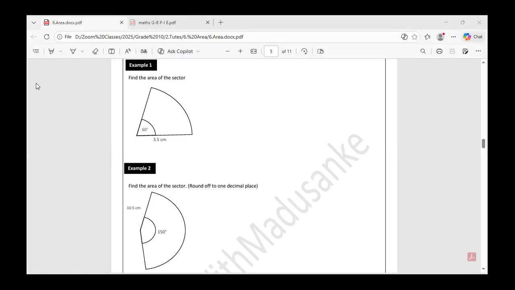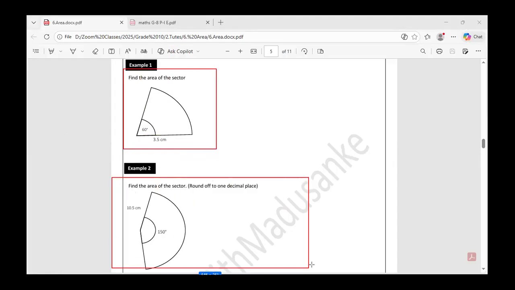Right. So then please do these questions. I will give you 3 minutes to complete example number 1 and example number 2. In example number 2, I have told you guys to round off to 1 decimal place. Round off your answer to 1 decimal place. So do these two and send me the answer. I want to see who finishes first.